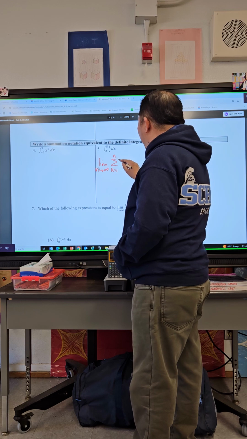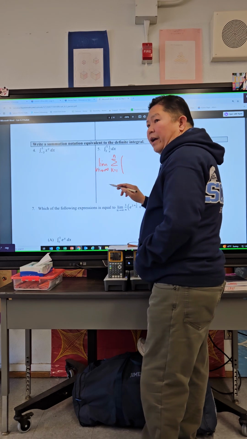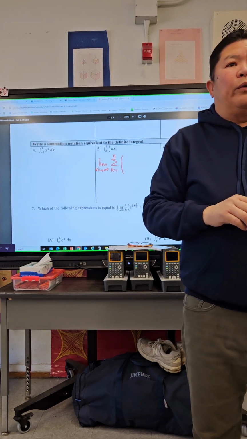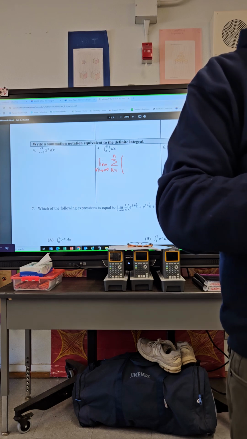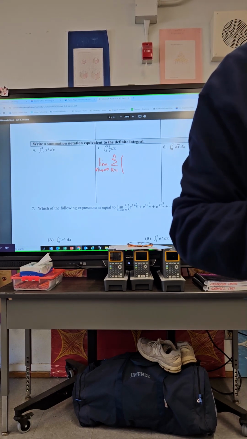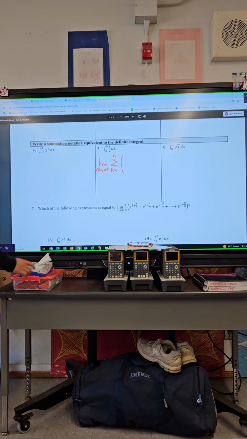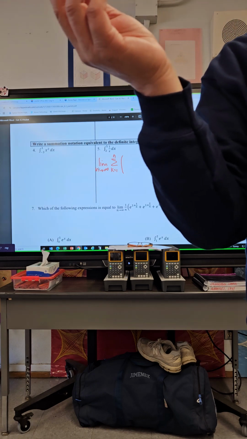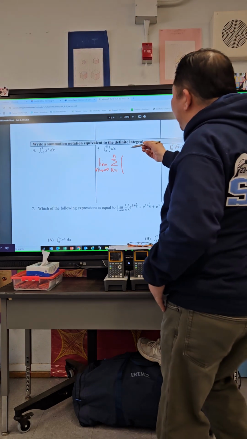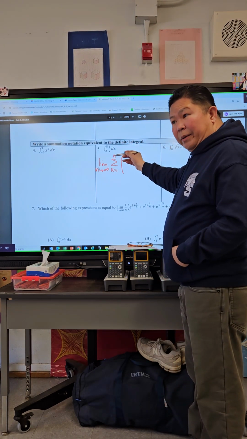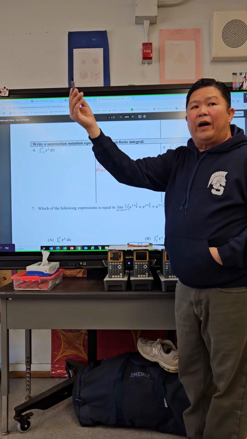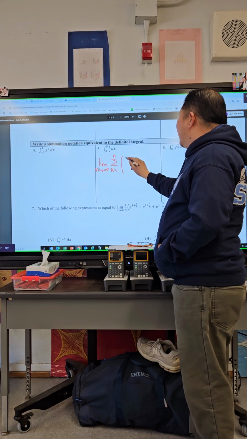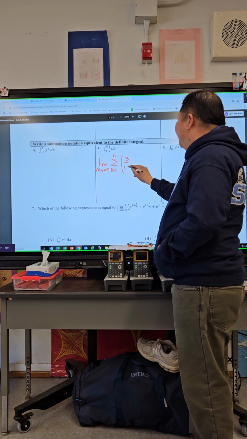This is n, okay? And then can we write right away 5 minus 2? Can we write right away 3? Are you guys comfortable with that one? So the upper limit, which is 5, minus the lower limit, which is 2. So what is 5 minus 2? It's gonna be 3. So 3 over n.